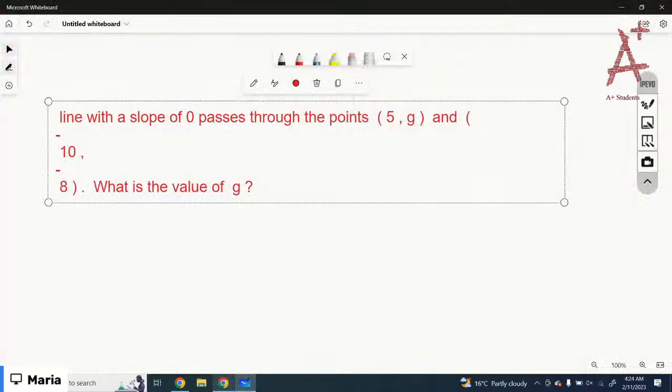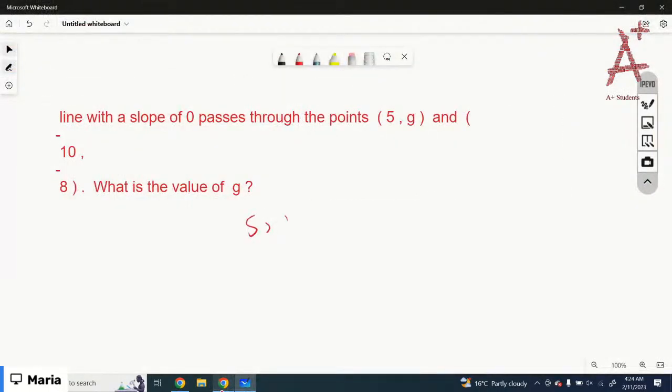Okay, the points are 5, g, negative 10 and negative 8, and the slope is 0. Got it? So just put all the things in the formula.